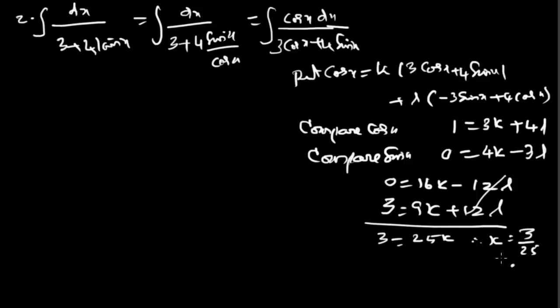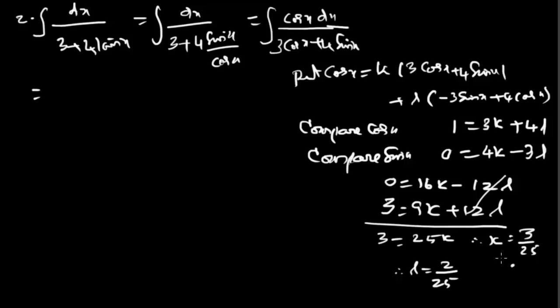Now in the same manner, by substituting the value of k in the second equation, you get l is equal to 2 by 25. Now we put the values here.